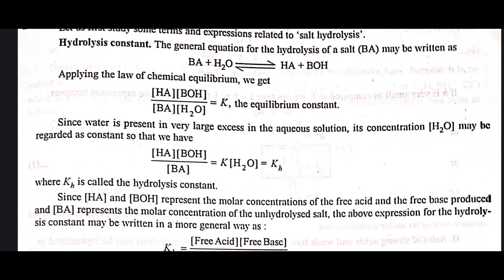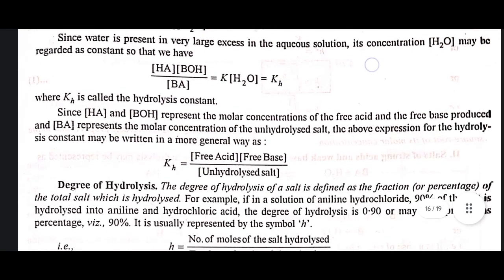concentration of products upon concentration of BA is equal to K into concentration of H2O is equal to Kh, where Kh is called the hydrolysis constant.